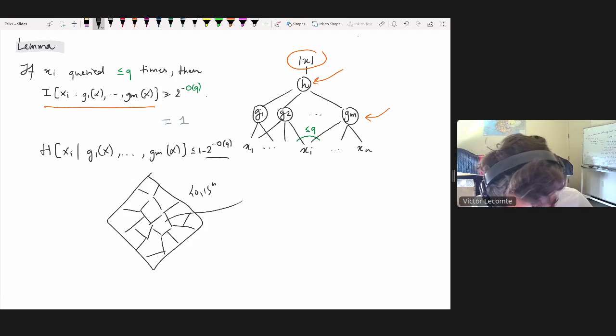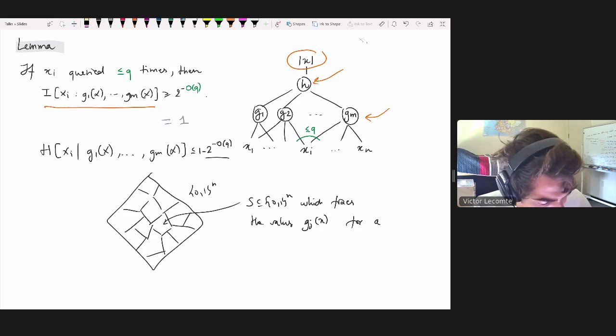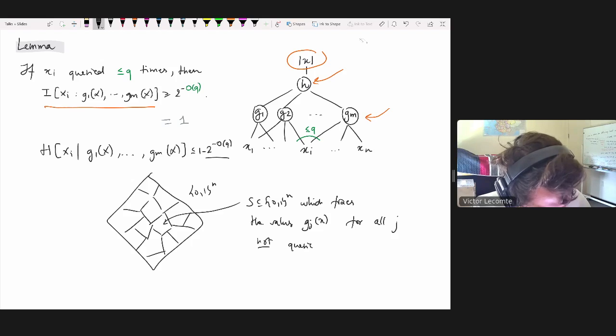So maybe we're going to focus on some subset S, which fixes the values of g_j of x for all j not querying xi.